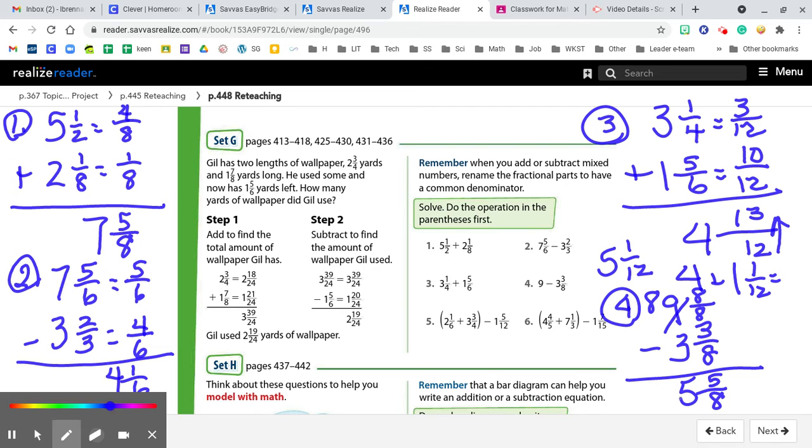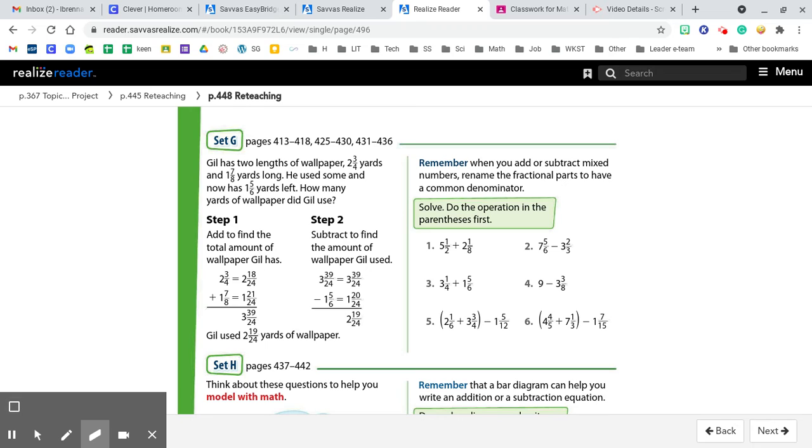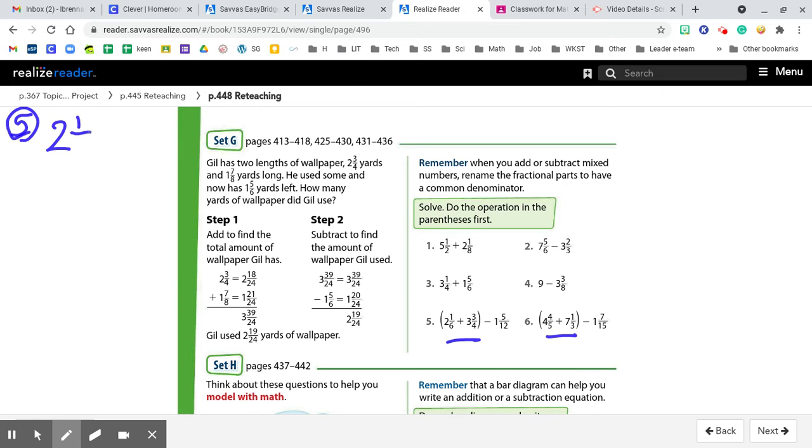And for number 5 and 6, we have several different things going on here. So we're going to have 2 problems for each. I'm going to first need to do what's in the parentheses first, always what's inside and then move to what's outside. So I'm going to add these guys first. 6 and 4, my common denominator is 12.